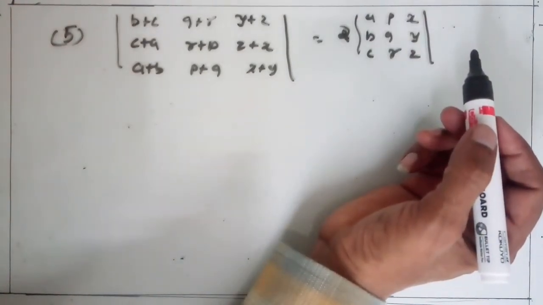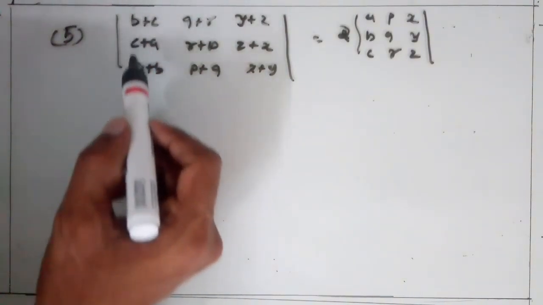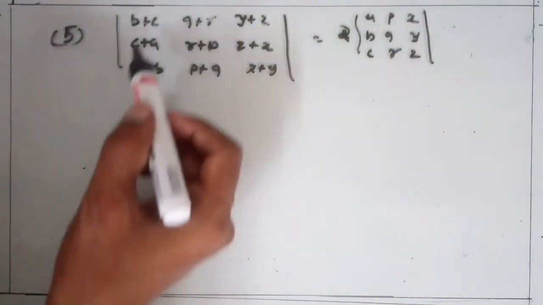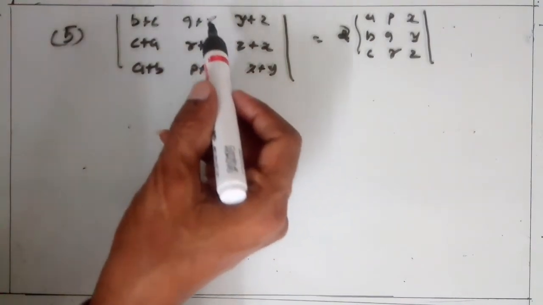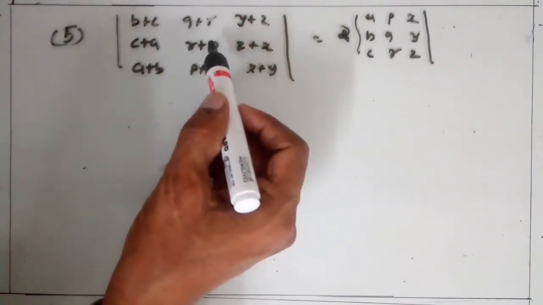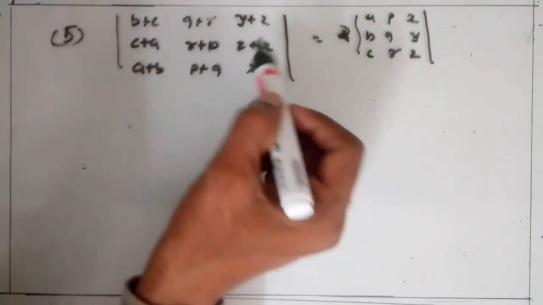Think. Remember this here: the first column has entries A, B, C. The second column has entries P, Q, R. Same in the third.